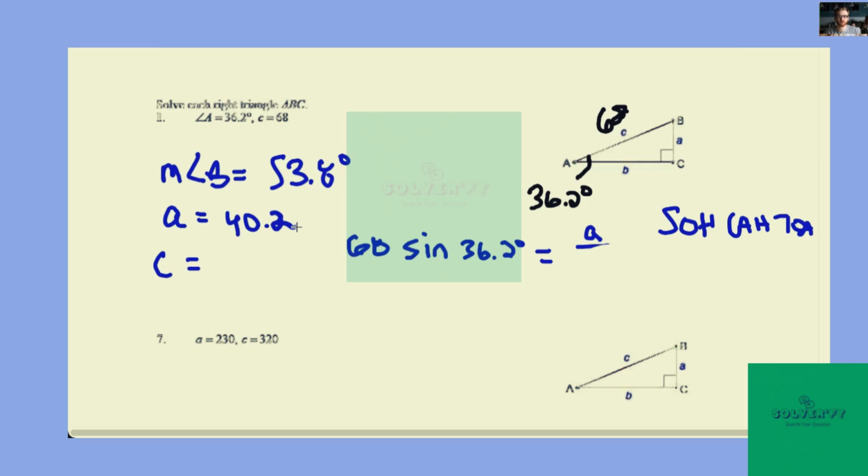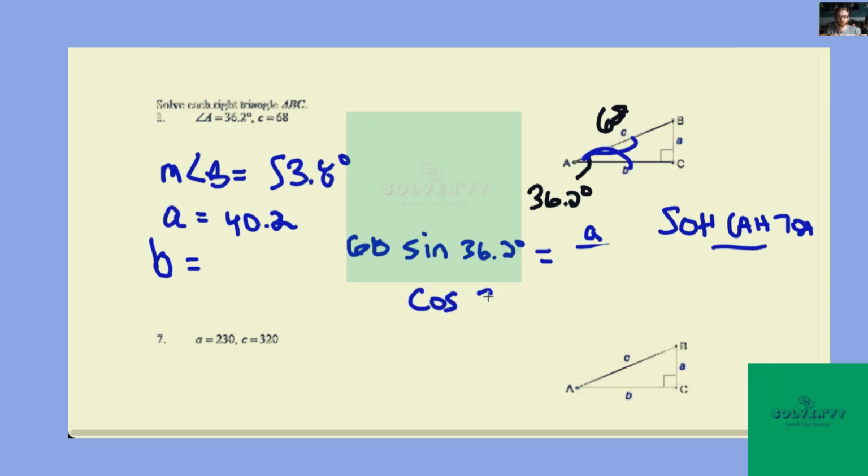And then we need to find B. We already know C. B is adjacent to 36.2 and hypotenuse, so we can use cosine.